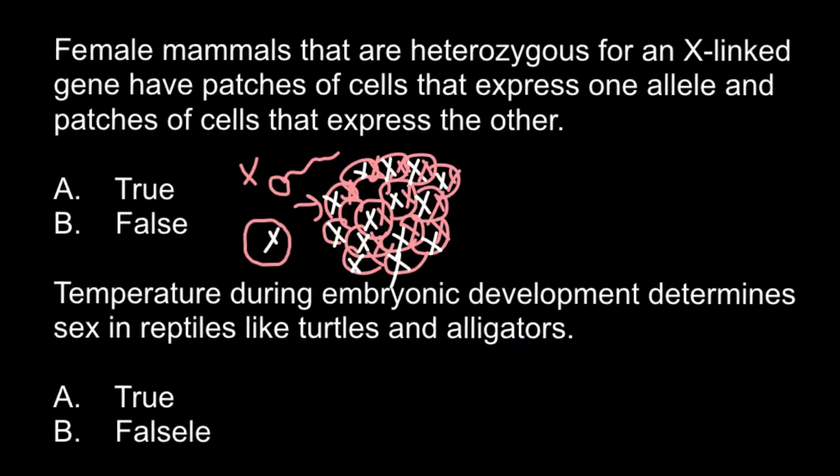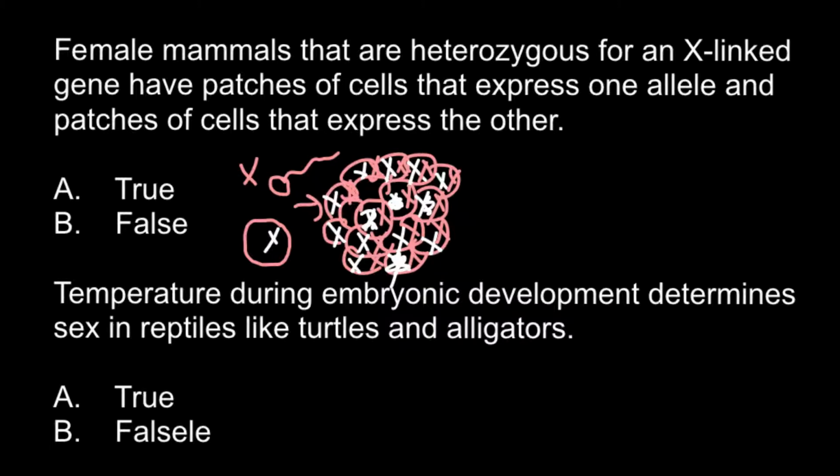But when this zygote would reach a stage of between 100 and 200 cells, it starts to inactivate one of the chromosomes in the process that we call dosage compensation. So for example, here one of the X chromosomes would be inactivated and would form a bar body, and here and here and here.